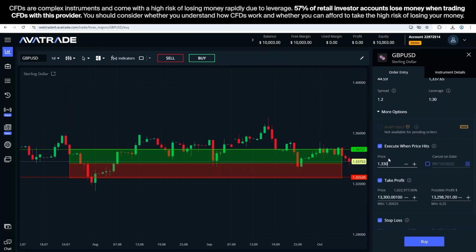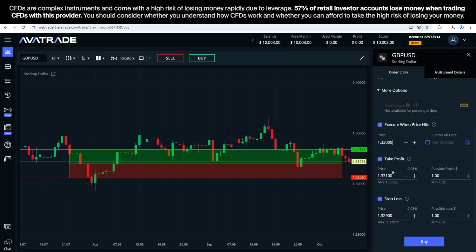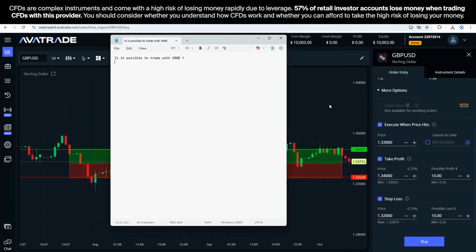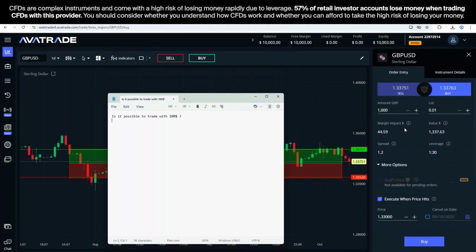This can go here. Let's go 100 pips higher. This one will be 100 pips lower. Okay, and then this is what we've got. So the margin impact is what determines the necessary amount for me to open a position.